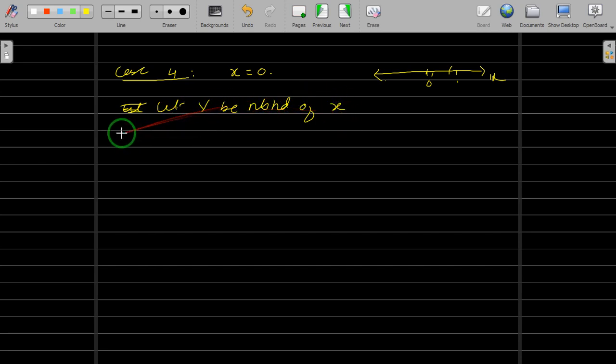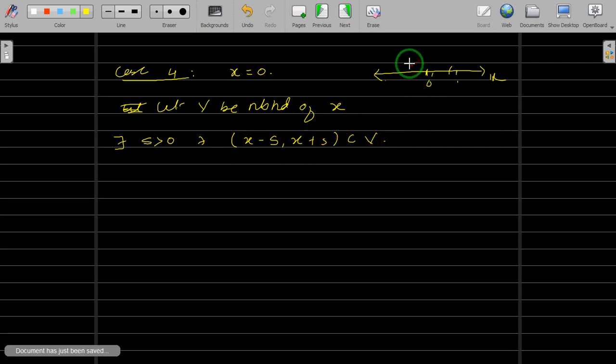Since V is a neighborhood, there exists some s greater than 0 such that the ball around x of radius s, that is (x minus s, x plus s), is contained in V. You are taking some neighborhood, it can be anything, and there exists something like this around x.